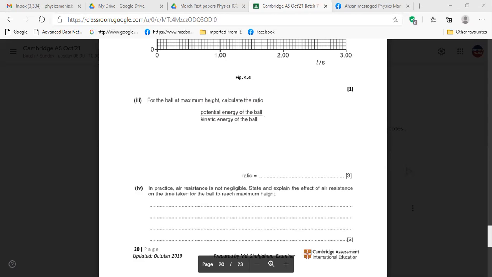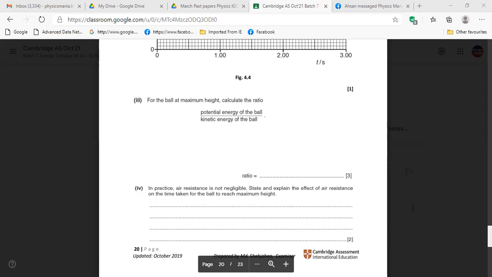Yes, sir. Air resistance is working there, so deceleration will be greater and it will take less time to reach maximum height. Why less time, sir? Because as air resistance is working, you cannot reach further. Your maximum height will be less there. Okay, that's why the time will also be less to reach maximum height.